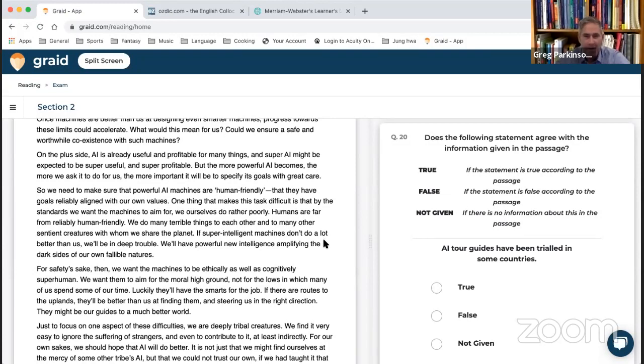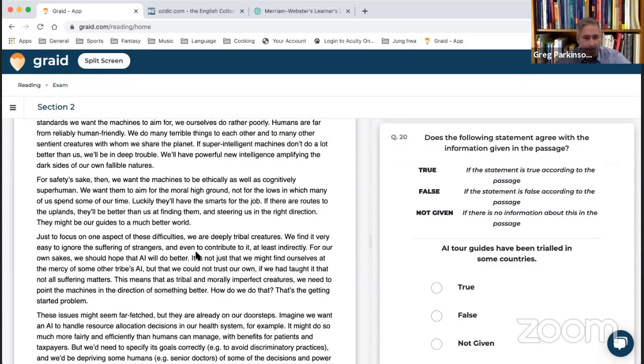I can't find anything there related to travel. Now, maybe this might be confusing for some, like when it's talking about routes and direction. Some people might associate that with tour guides, but it's not saying anything about AI tour guides being trialed in some countries. So I move on.